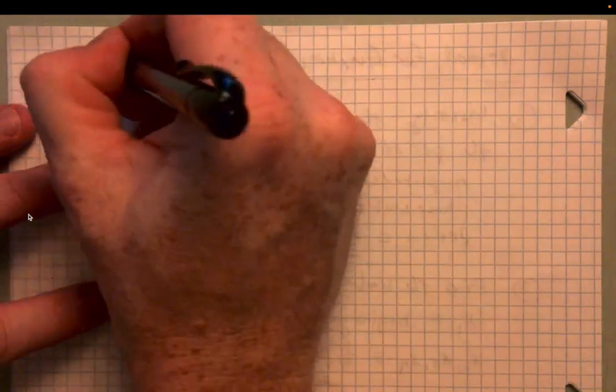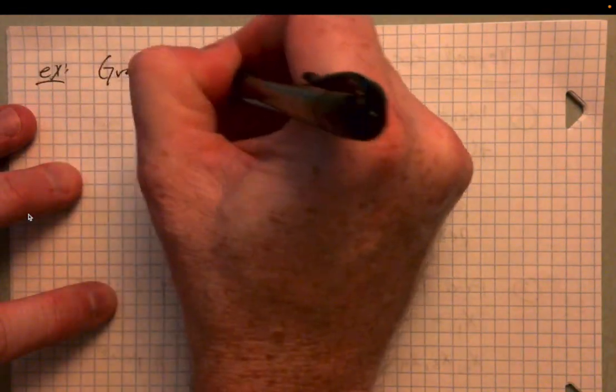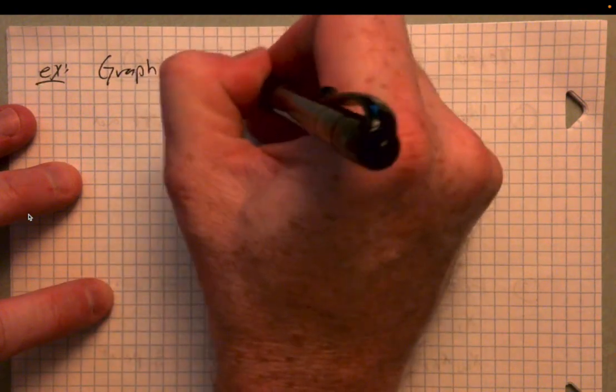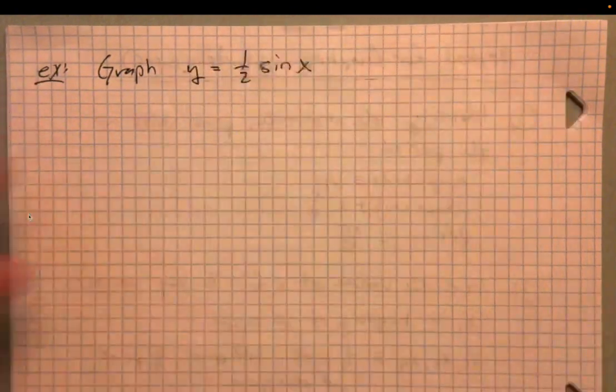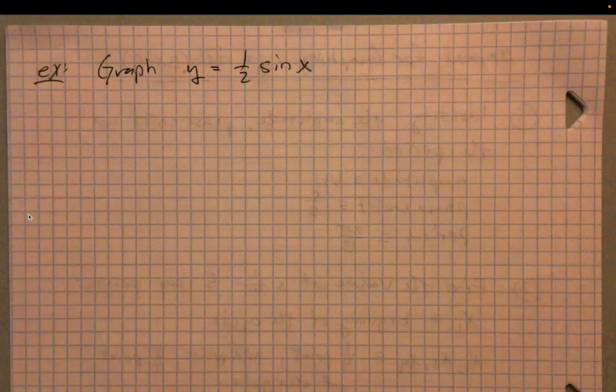The first example is going to be this one. We'll start out easy. We want to graph y equals 1/2 sine of x. Step 1 is to identify the amplitude, period, and phase shift.